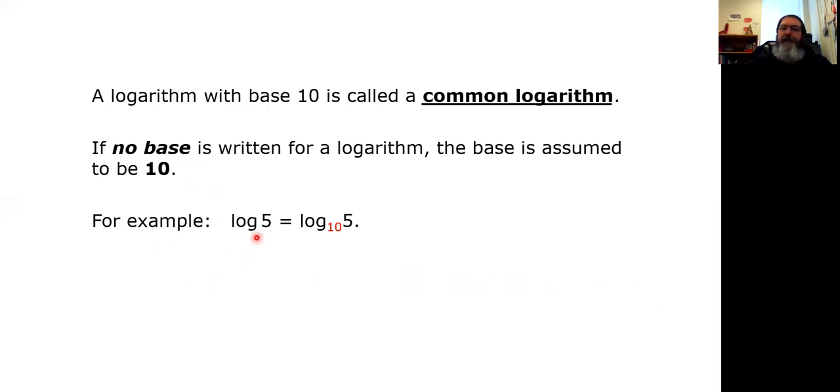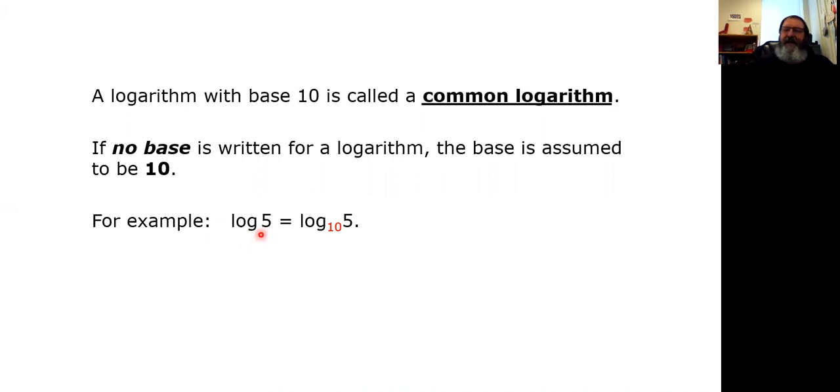So if there is no base in a logarithm problem, for example, if it just said the log of 5, you have to be paying attention, especially if you're new to logarithms, because you might think, oh, 5's the base. 5's not the base. There's no base written here. There's no little lowered subscript right there.